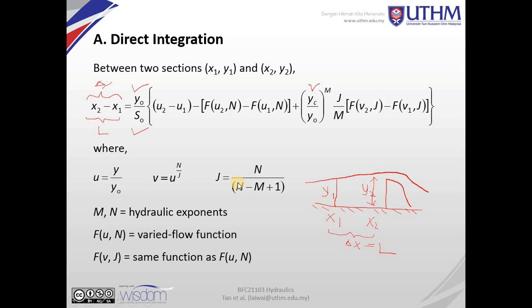Again, the J parameter here can be computed using this formula. So J is equal to capital N divided by N minus M plus 1. So where can we obtain these hydraulic exponent parameters N and M? They can be read from the standard design chart as shown in this diagram.